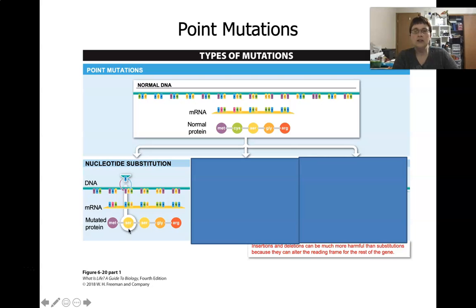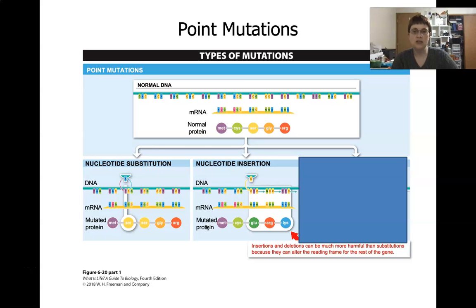So this is going to change the function of the protein more than likely, because that one little change is going to change the amino acid and can probably change the shape of the protein. Now the other types of point mutations are a little bit more extreme, and that is because the first one is an insertion. So instead of swapping, what we're doing is actually putting in a new base.